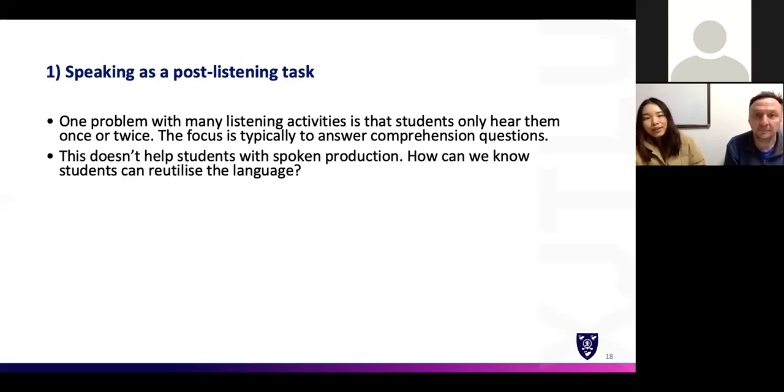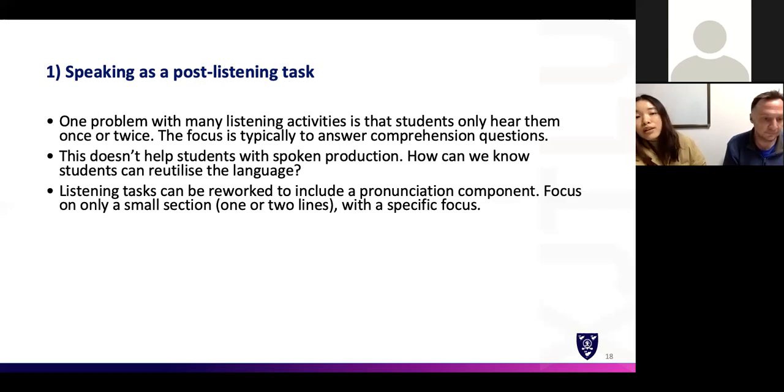So by doing this, we feel this doesn't really help students with spoken production. How can we really know that students understand the whole thing, or can use the language from the listening, or can even retell the story they've heard? We have no idea. So listening tasks can be reworked, we believe, to include some kind of pronunciation components.